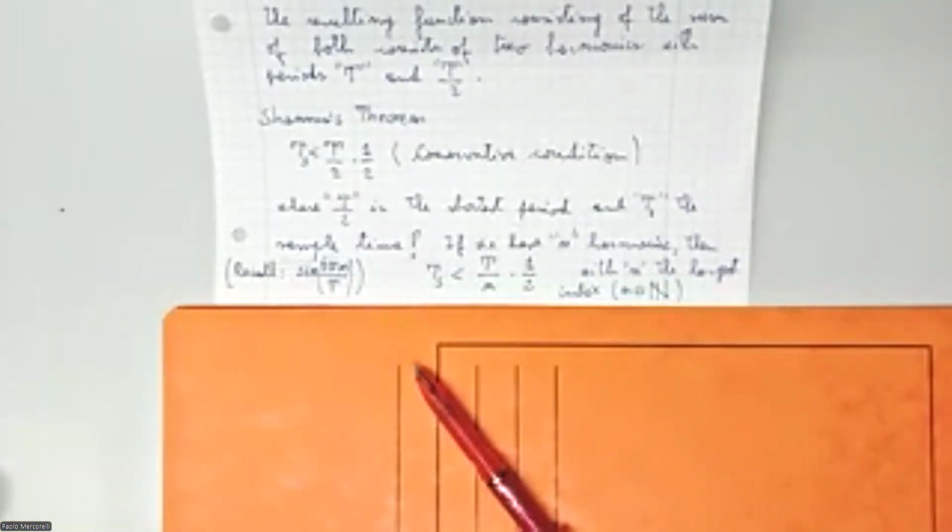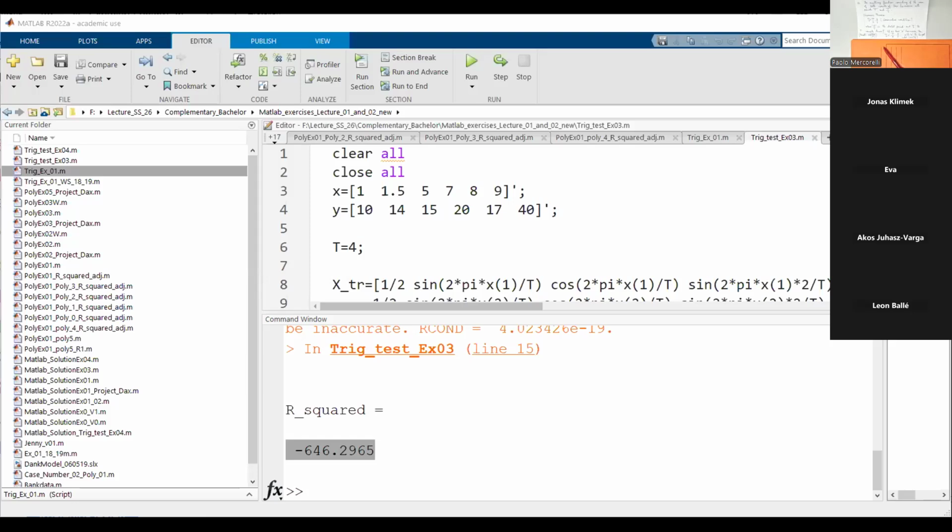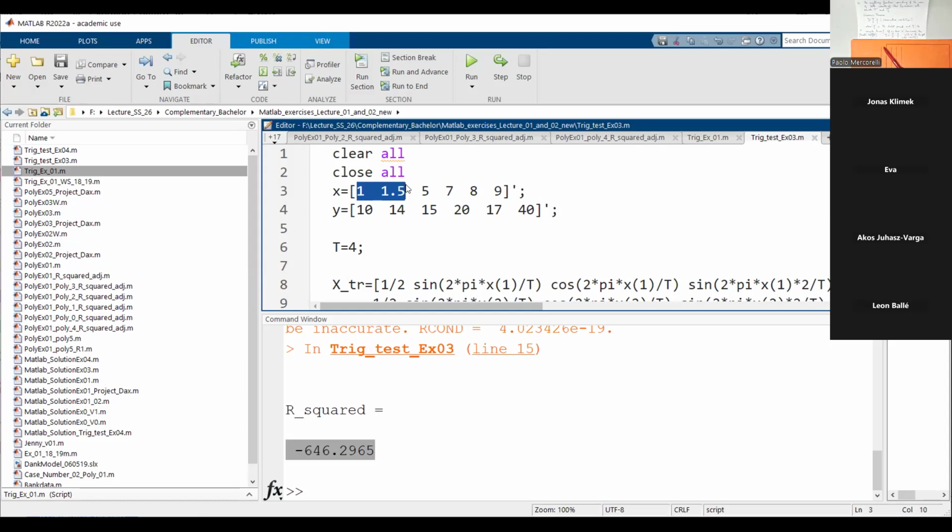Now, let me show you in our case. Okay, 4 times ts. What is ts here? I have to consider the larger ts. Here is 0,5.